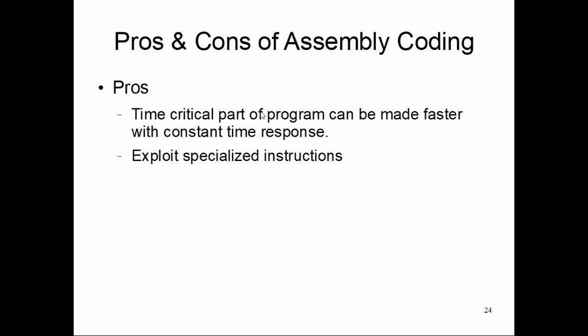In critical parts of even non real time programs, we sometimes write assembly code, a small part which is very critical to optimize for memory or for time, even for application programs. We used to do that.